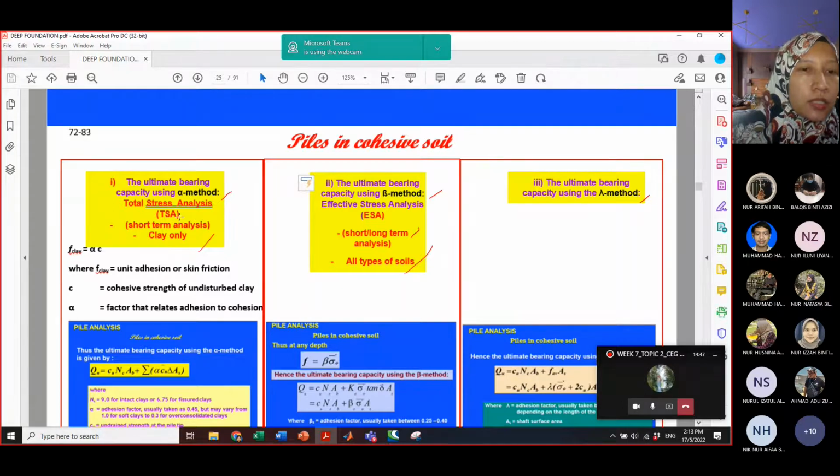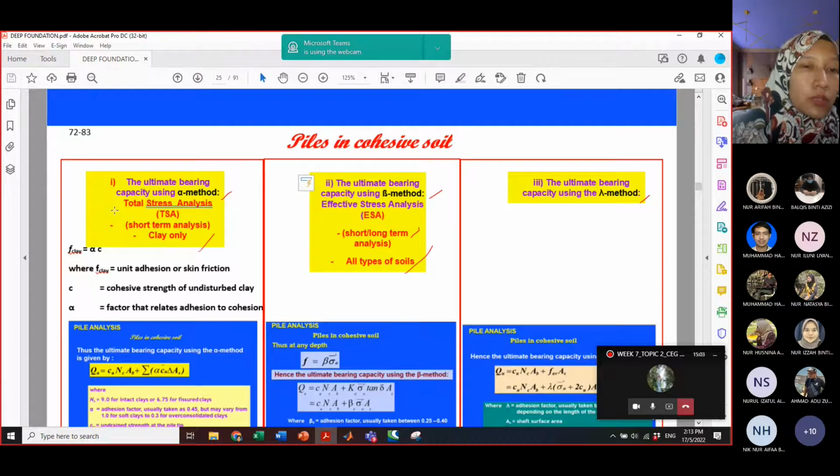So the alpha method is only applicable when you are analysing pile capacity in total stress analysis. When I mention total stress analysis, it means that you look at the strength parameters of the soil.